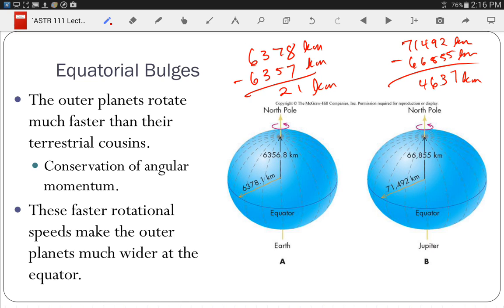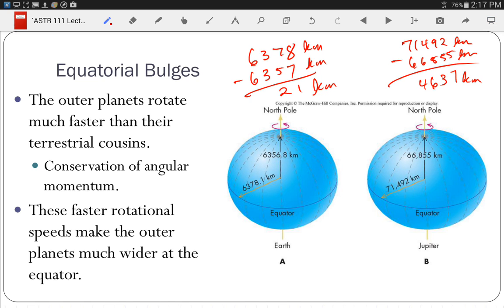If you take the fraction of 4,637 to, let's say, 71,000, that's a much bigger fraction. We would say then that Jupiter is more oblate than the Earth is.